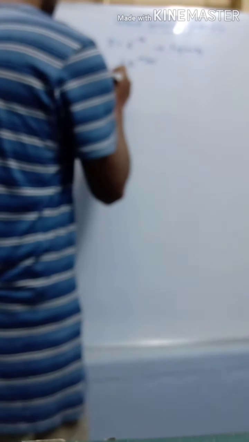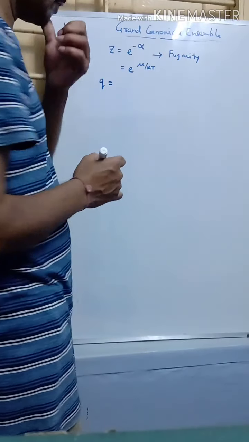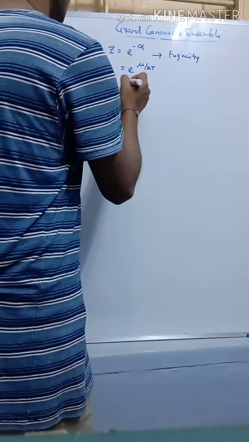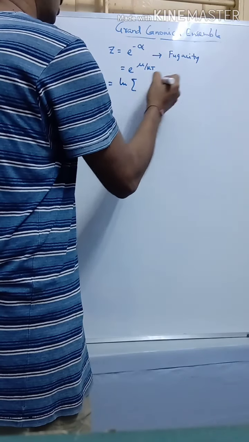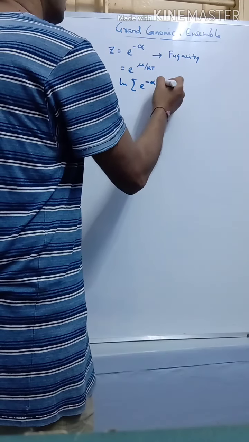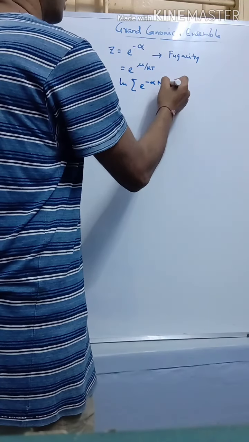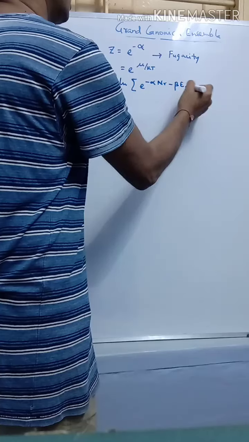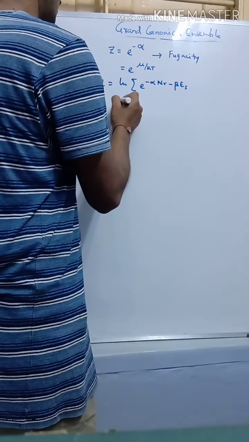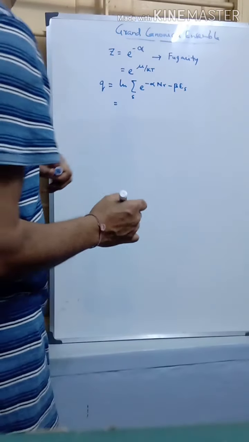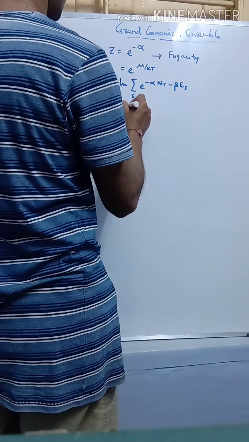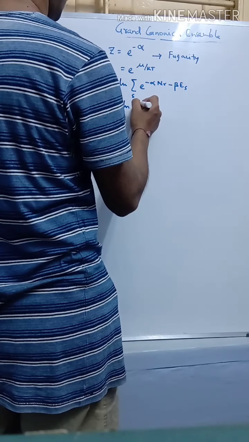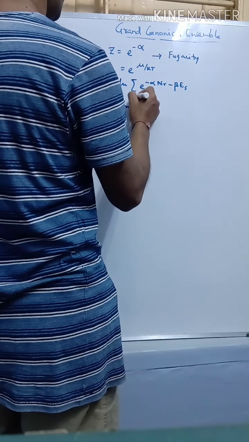Suppose we have this q potential, which was defined as ln of summation of e to the power minus alpha nr minus beta es, and we had written this as ln of summation over r, s.